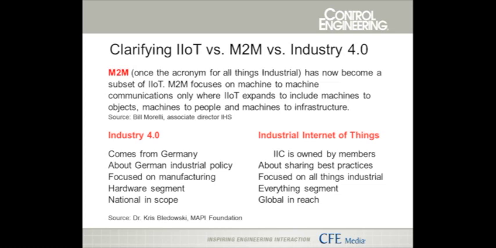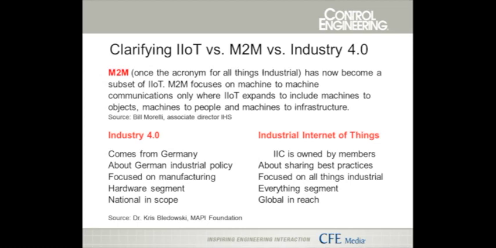With the acceptance of IIoT as the new acronym, M2M has been relegated to defining a subset of the industrial market. And this makes sense since M2M focuses solely on communication from machine to machine, while industrial IoT expands to include communications between machines and objects, machines and people, and machines and infrastructure.